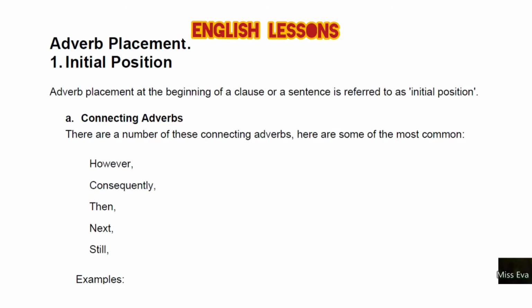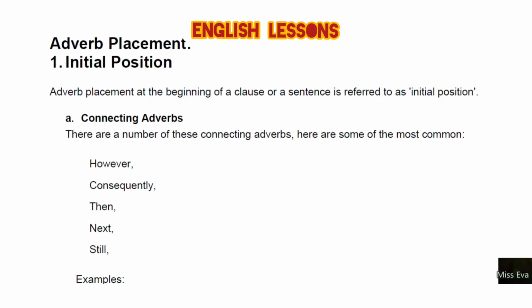It's important to remember that these connecting adverbs take adverb placement at the beginning of a phrase in order to connect it to the phrase that has come before. Commas are often used after the use of a connecting adverb.